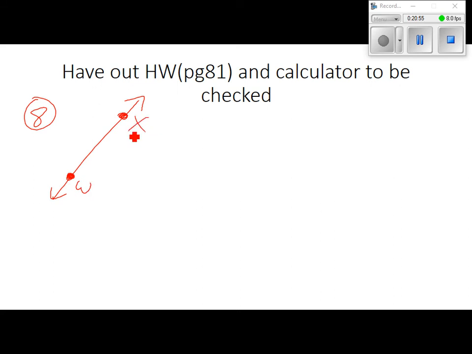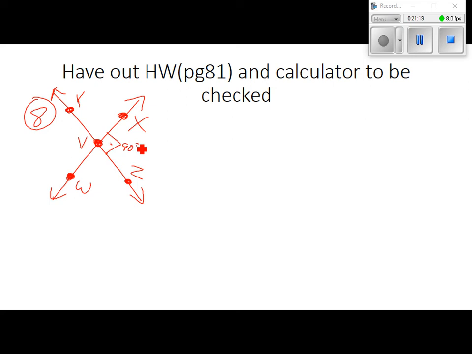W and X. And I draw another line. What points am I going to put on it? Y and Z. And it said they intersect at what point? Gotta be able to draw this stuff. And they want them to be perpendicular. So what's that tell me about this angle right here? It's a right angle. It's 90 degrees. So we have that picture.